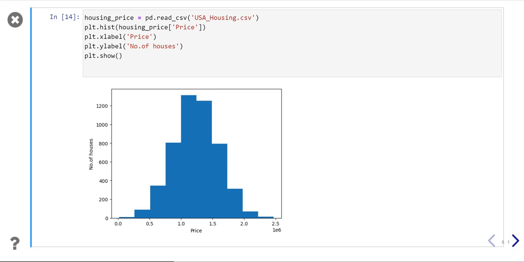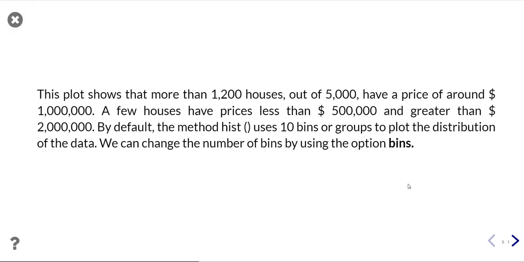They have $1 million houses, and this is how the distribution is. Only a few people have houses valued less, and more than that, maybe they cannot afford anymore. So we have that kind of bell curve. These are the kinds of things we want to do under exploratory data analysis, to try to find the reasoning behind it. So this is what we have discussed.